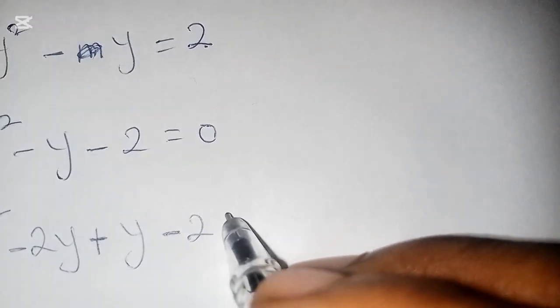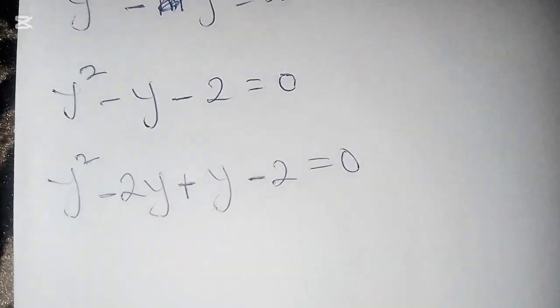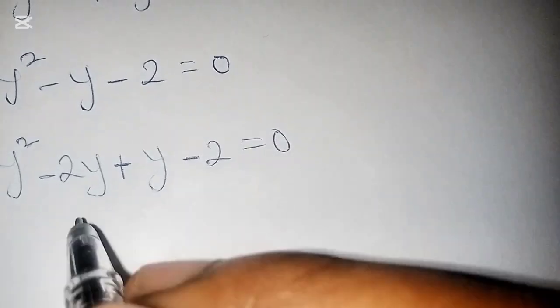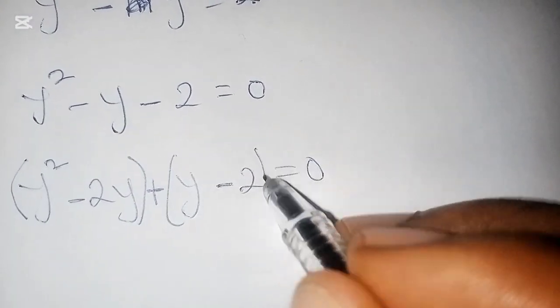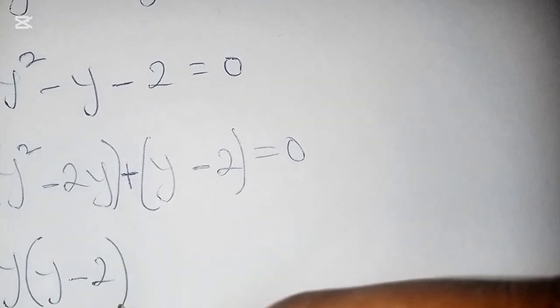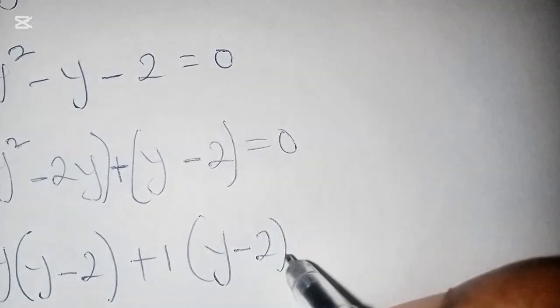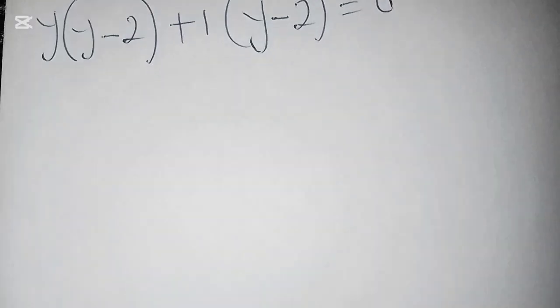So we substitute into the quadratic equation and expand. Then we factorize by grouping. We'll be grouping y squared minus 2y and y minus 2. We find out what's common, and we have y. When we factor that out, we have y minus 2 plus 1 into y minus 2 equals 0.